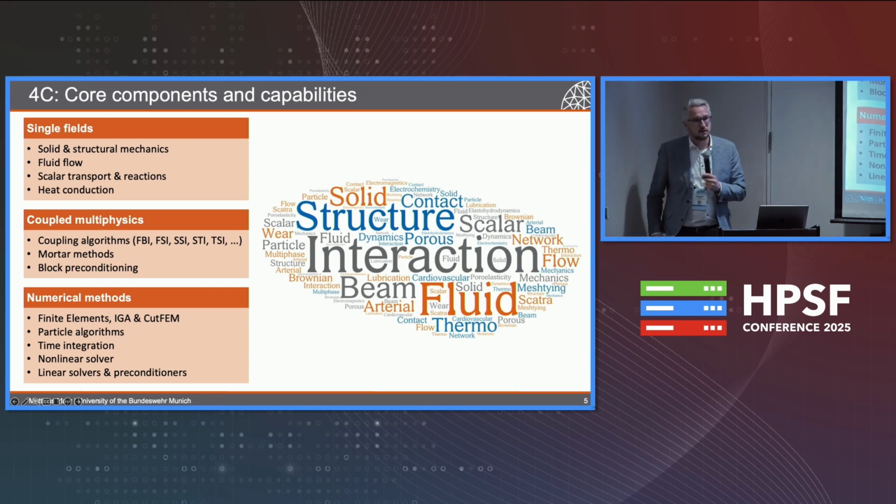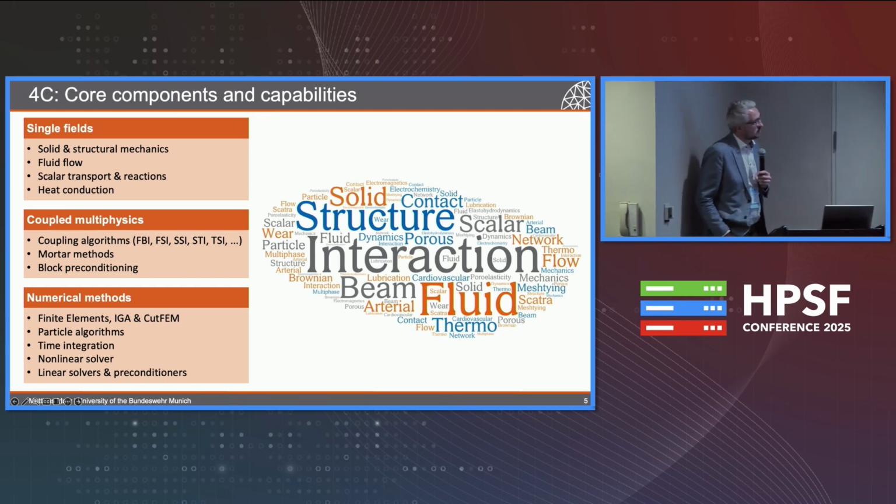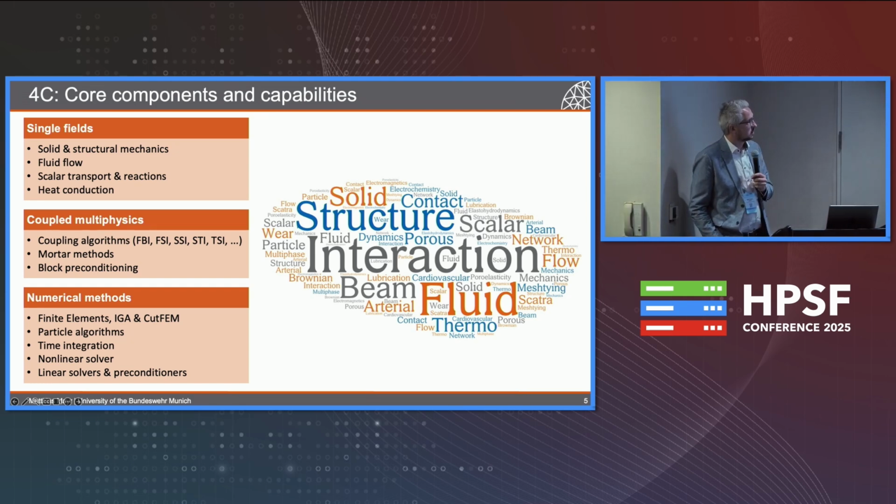In 4C itself, of course, we start off with some single field implementations: solid mechanics, structural mechanics, fluid dynamics, and so on. But then the core is really coupled multiphysics. We have a series of ready-to-use coupling algorithms tailored to particular physics.